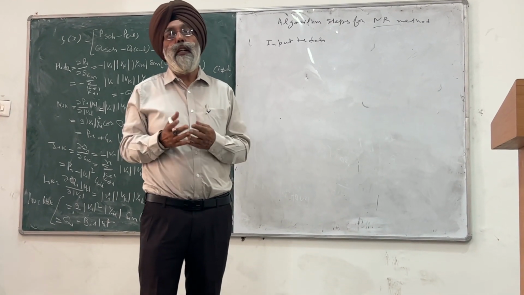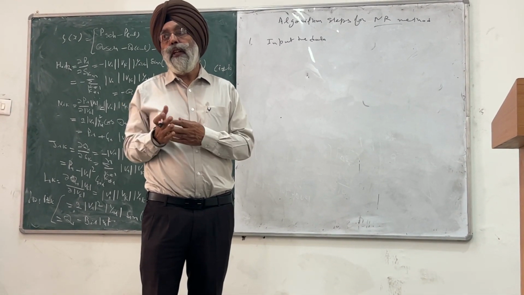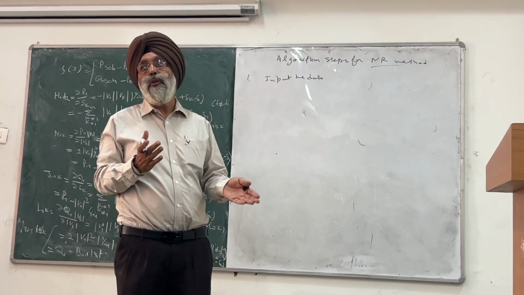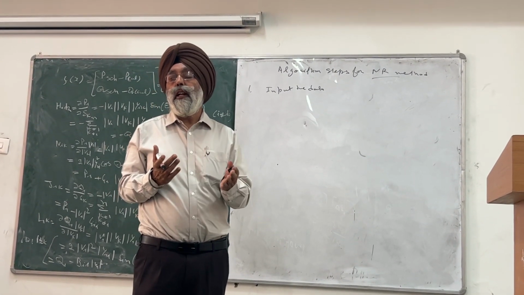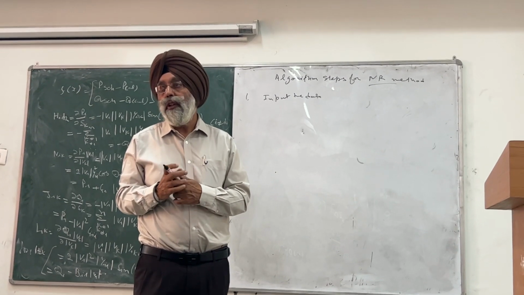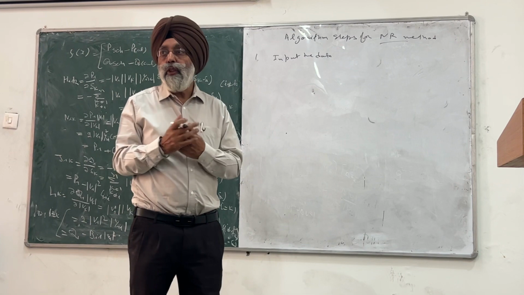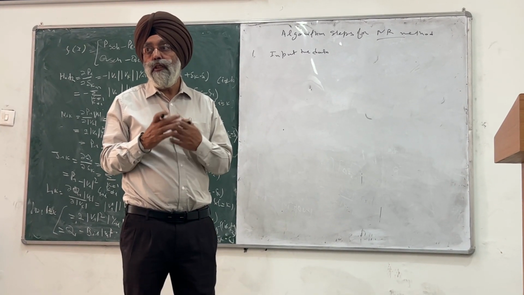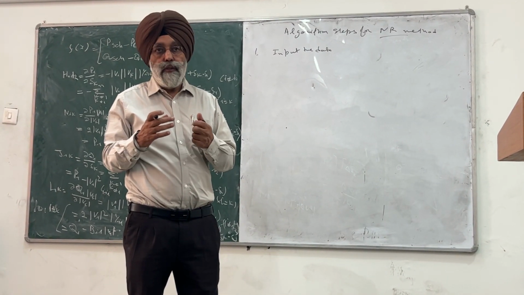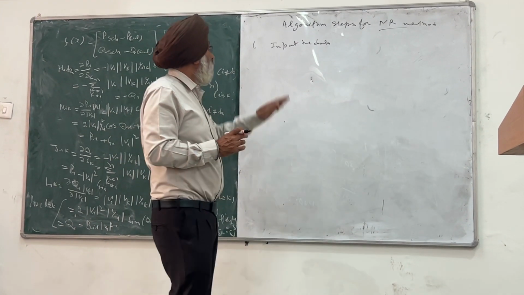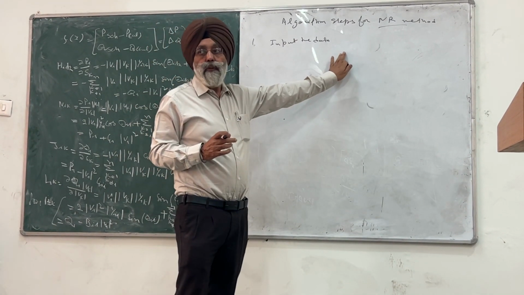And for the line data, what is the series impedance, what is the shunt impedance, and from which bus to which bus this particular line is going. And what type of accuracy we require is the value of epsilon, so that we have to input.